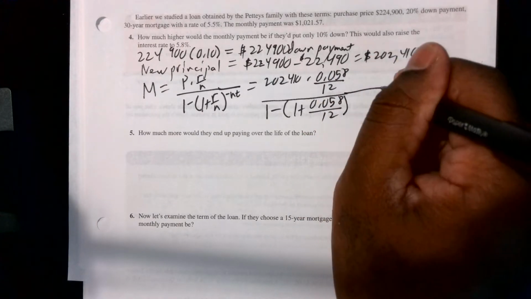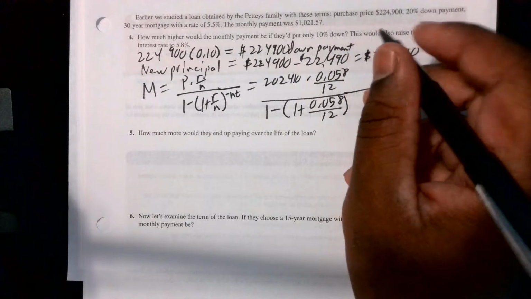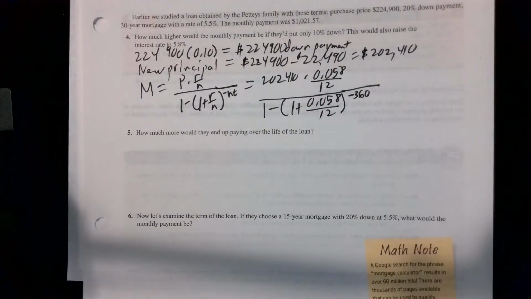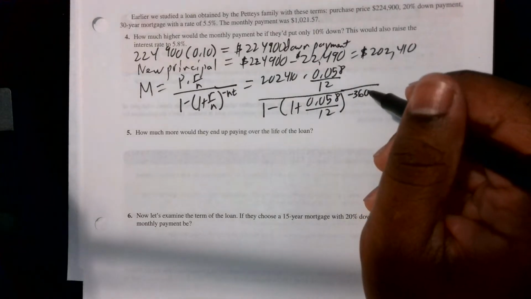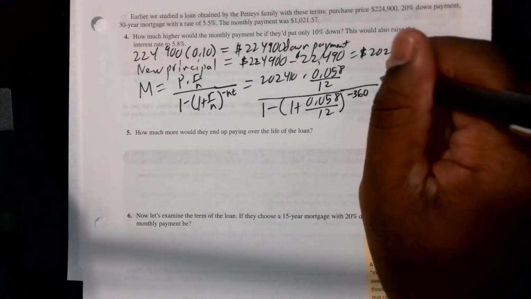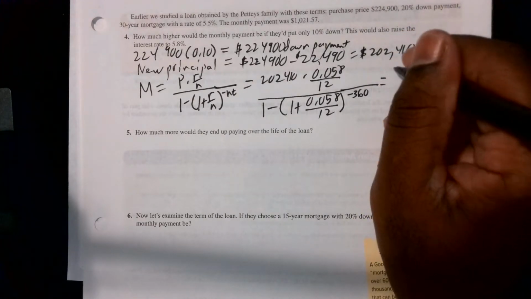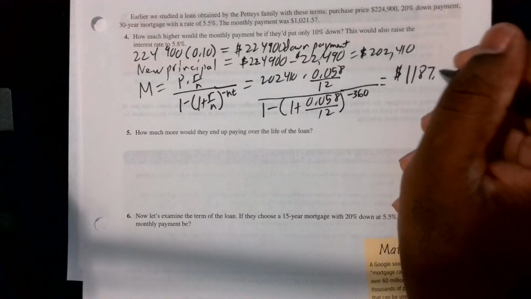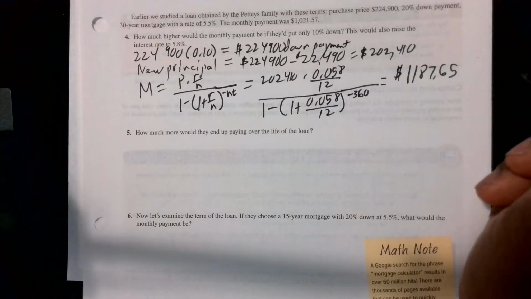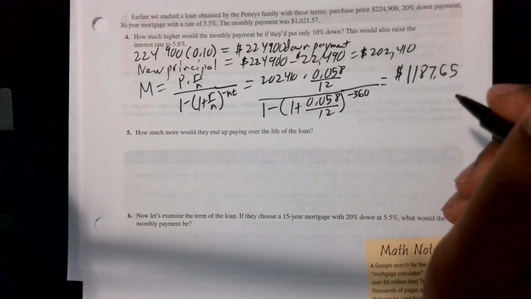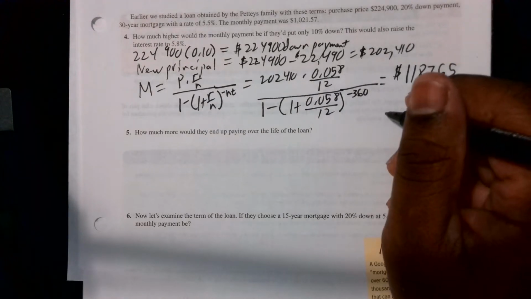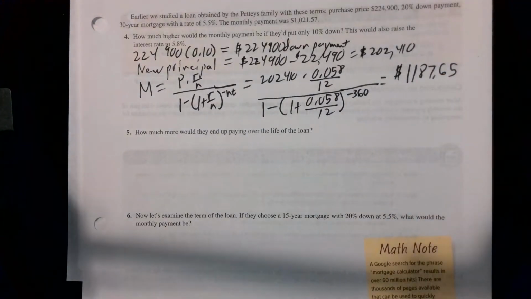Now we already know, since it's a mortgage and it's 30 years, it'd be to the negative 360 power, because that'd be the 12 times 30 we did before. So this would give us $1,187.65.